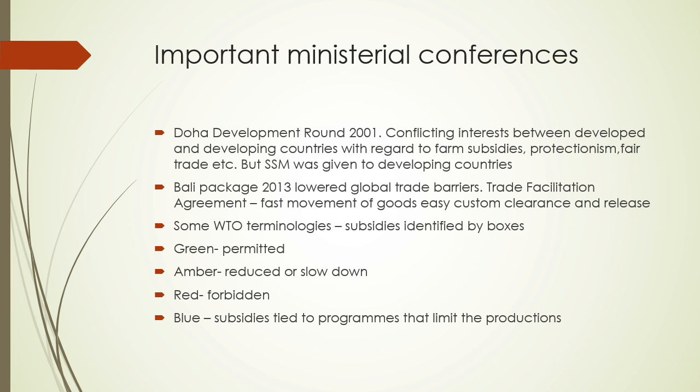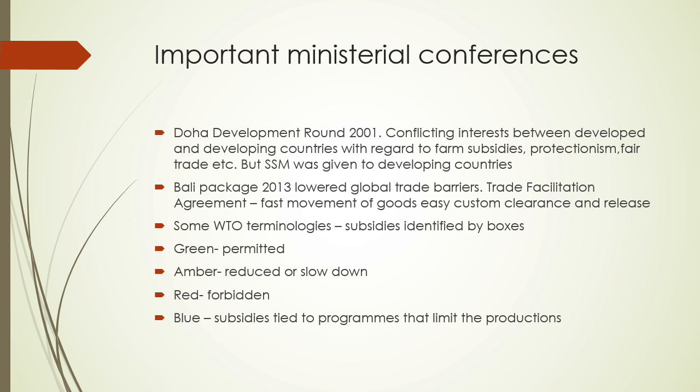Important ministerial conferences. First one is the Doha Development Round of 2001, which had a conflict of interest between developed and developing countries with regard to farm subsidies. It had protectionism, fair trade, etc. Farm subsidies: in countries like India, the farming sector is very poor, so they give subsidies to the farmers for better agricultural production.